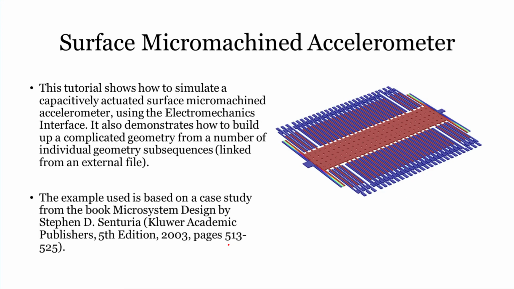Okay, so let's go ahead, and this is an example model of an accelerometer. This is also available in the application library of COMSOL. This kind of device is usually used to measure the acceleration of a particular device, maybe your mobile phones.